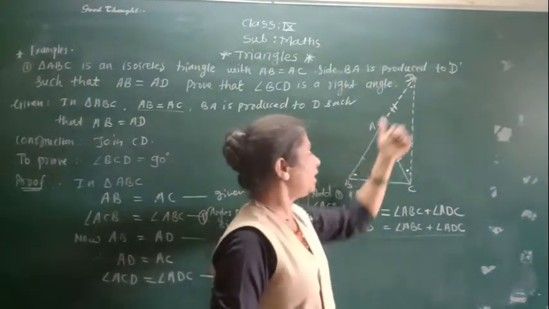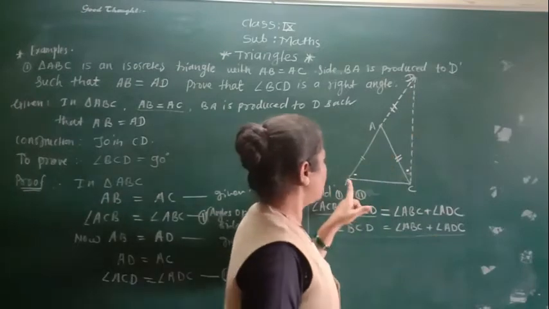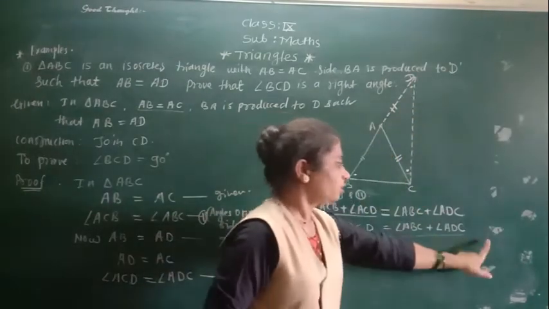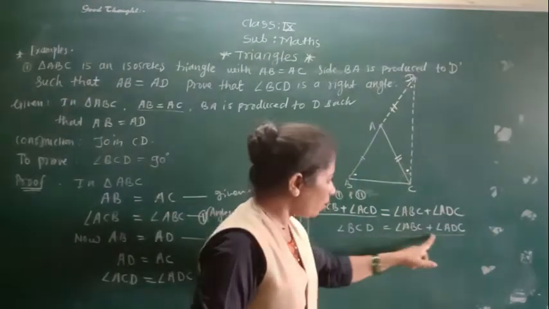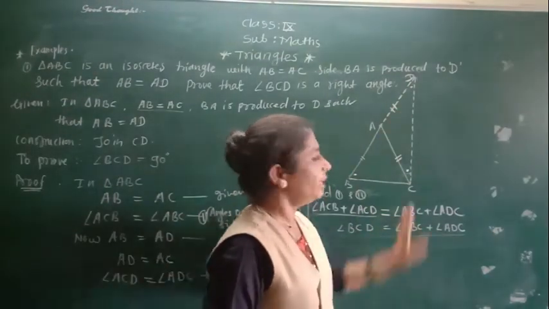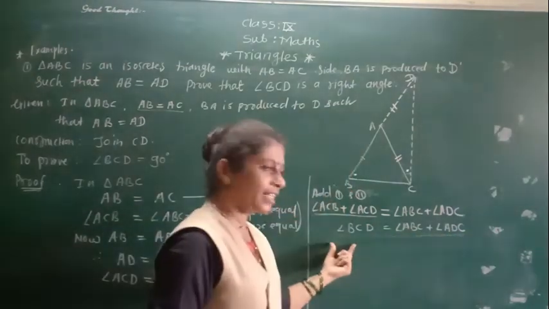Which triangle? BDC. Okay, so if you add angle BCD to this side, then you will get the sum of all angles of triangle BDC. And if you add angle BCD to this side, then you have to add it to the other side also.